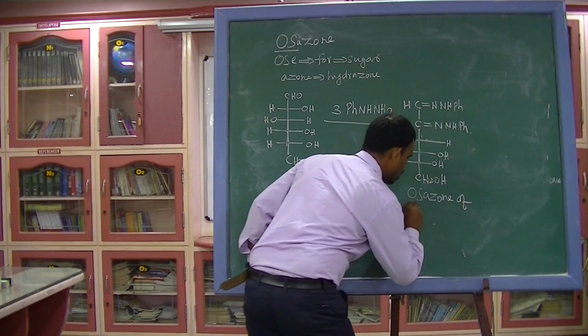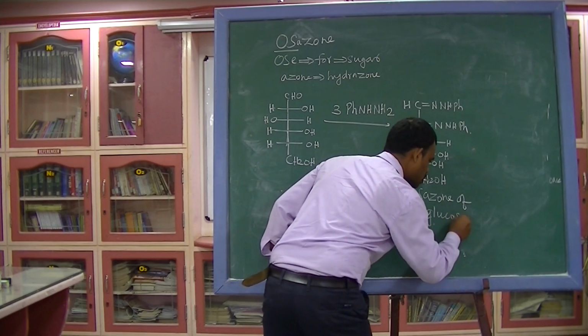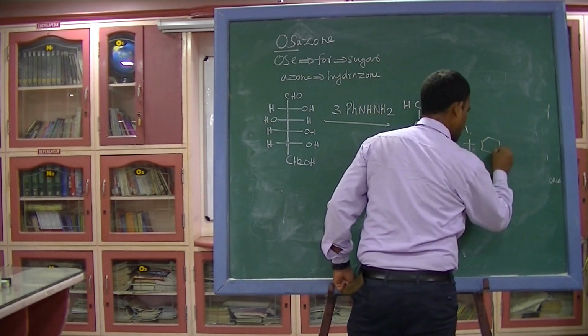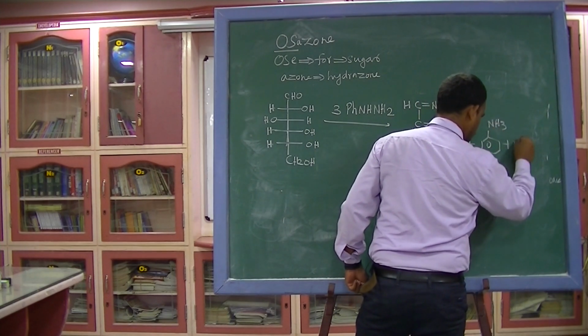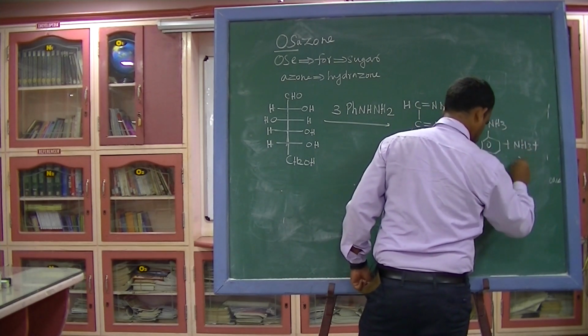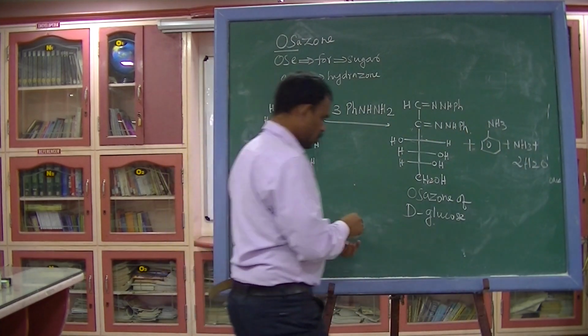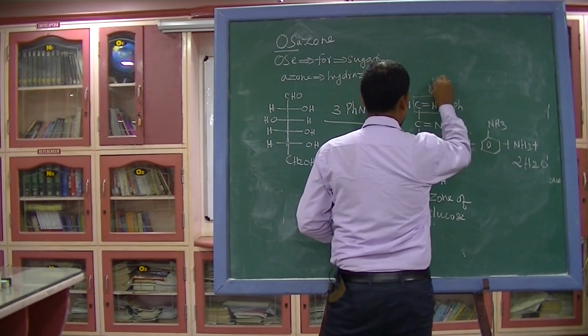This is the osazone of D-glucose, plus you will get aniline as the byproduct, plus ammonia plus water. This is the entire reaction. You have a C double bond N, which is nothing but your imine.